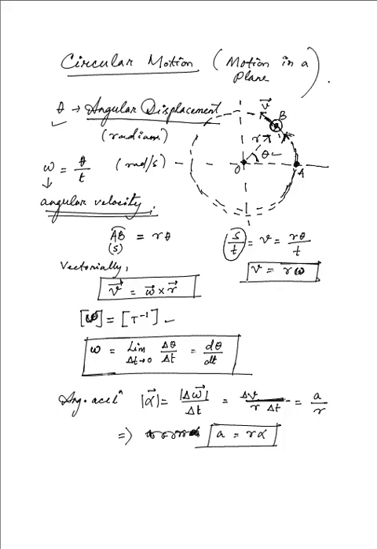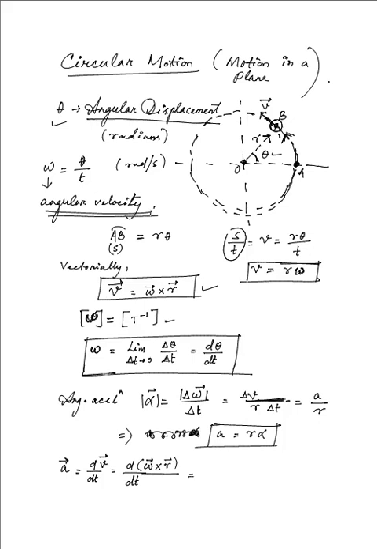Now, having obtained the linear acceleration in relation to the angular acceleration, we can go for the vector form of it. Vectorially, if you remember, we have just discussed over here v is equal to omega cross r. So the rate of change of velocity is going to give us the linear acceleration, and with the relation that we have obtained above, we have omega cross r instead of v.